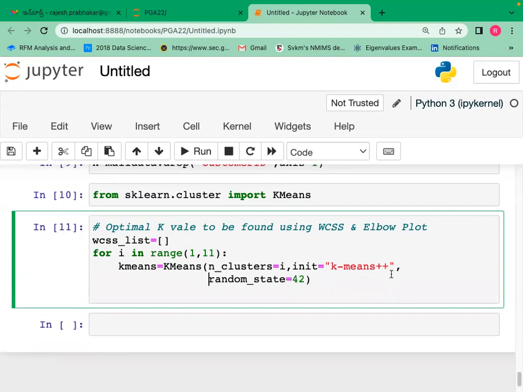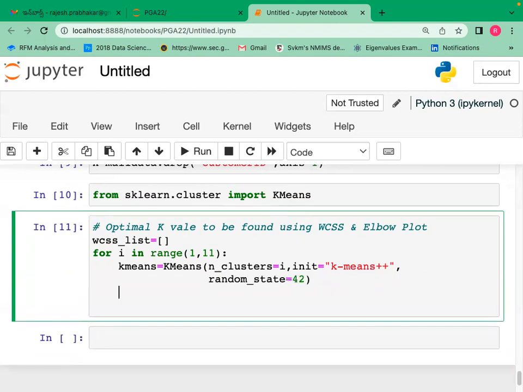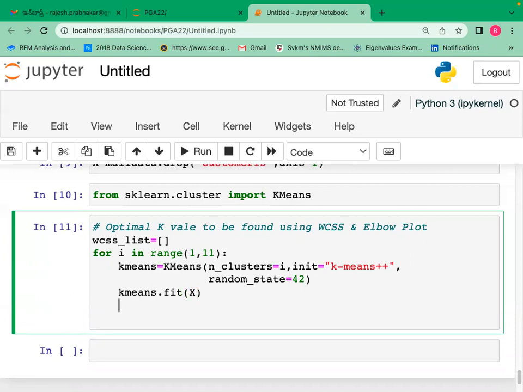KMeans dot fit of X. WCSS list dot append KMeans dot inertia.